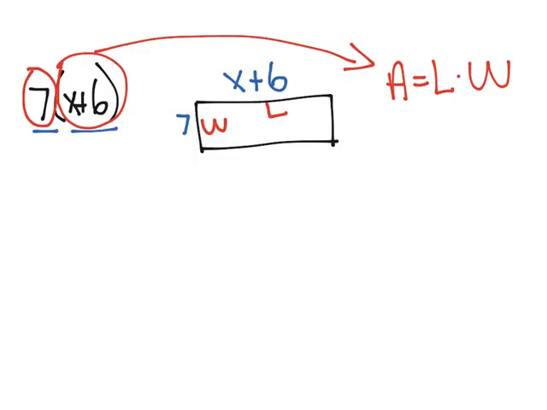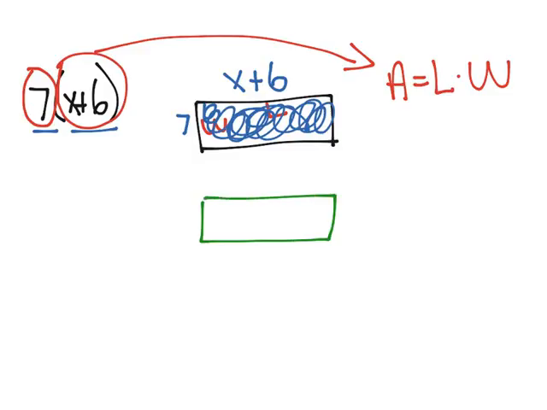If you think about area as being length times width, the area of the rectangle shown is now 7 times x plus 6, or the length times the width. So all of the area in here is equal to the answer to our problem. Now let's look at a slightly different way of building our rectangle. We start with the same rectangle, but now I'm going to divide it into two pieces.